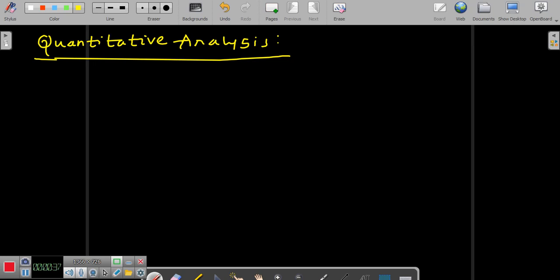Qualitative analysis, I have already told you what exactly we mean by the qualitative analysis in the previous class itself. Now, this quantitative analysis of the MOS differential pair is basically the quantification of behavior. Okay, please try to understand this carefully.